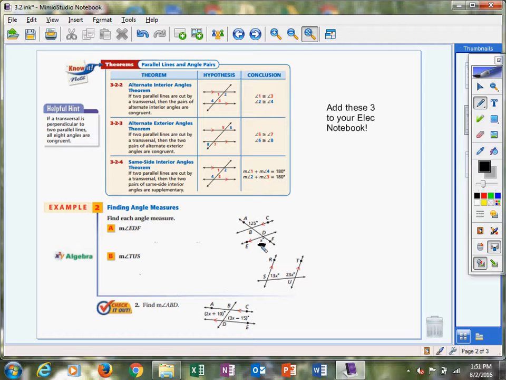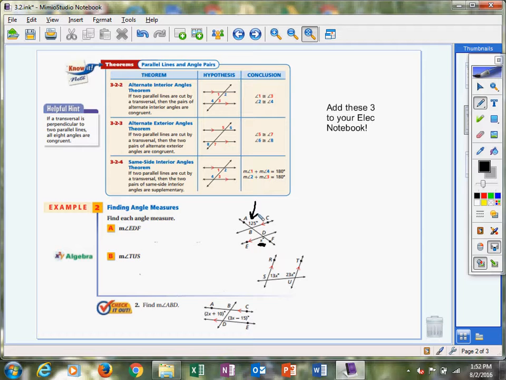All right, so what you have to decide is what is the relationship between angle EDF and the 125 degrees that you see up here. Is there a relationship? More than likely there is. It's an odd thing to not have a relationship.